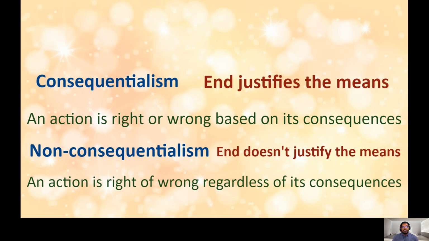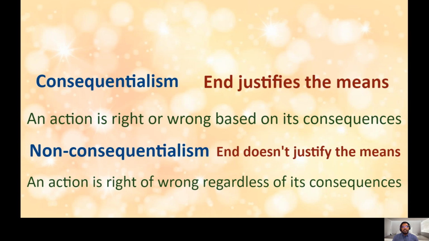Therefore, an action is to be judged by the consequences it produces. A right action is one which produces good consequences. A wrong action is one which produces bad consequences. So the principle that consequentialism adopts is the end justifies the means.